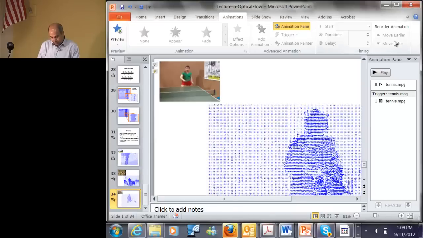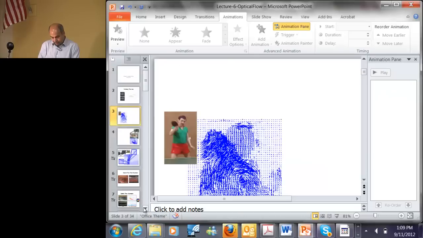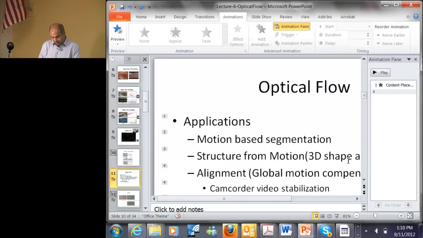Which are the applications of optical flow? As I went through this before, there are many applications, and one is segmentation.